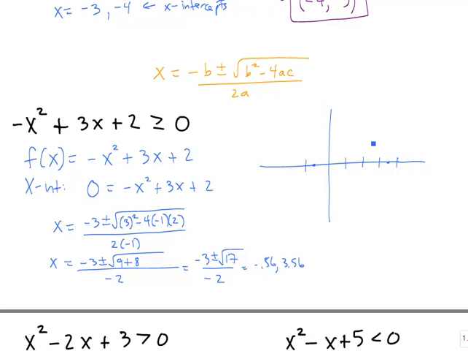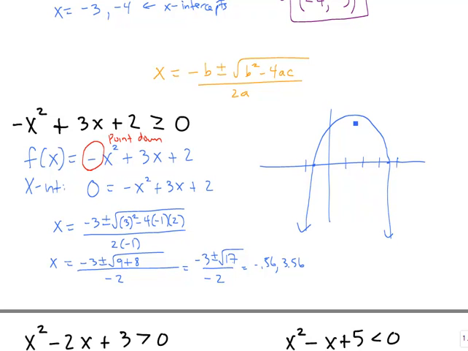And the way that you determine that is by going back to your original function, your f of x, and looking at that coefficient of x squared. This one was negative. So if you have a negative leading term, that means your parabola needs to point downwards. So I need to draw a parabola that points down and passes through these two intercepts.